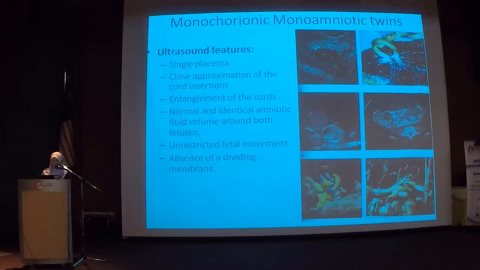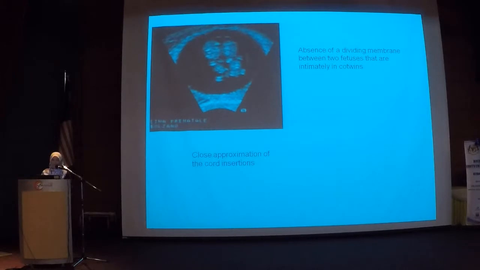This is in the first trimester, which shows the absence of the dividing membrane between the two fetuses. Sometimes in monochorionic diamniotic twins, because the separating membrane is very thin, as they have only one chorion, it's a bit difficult to identify the membrane in the first trimester.